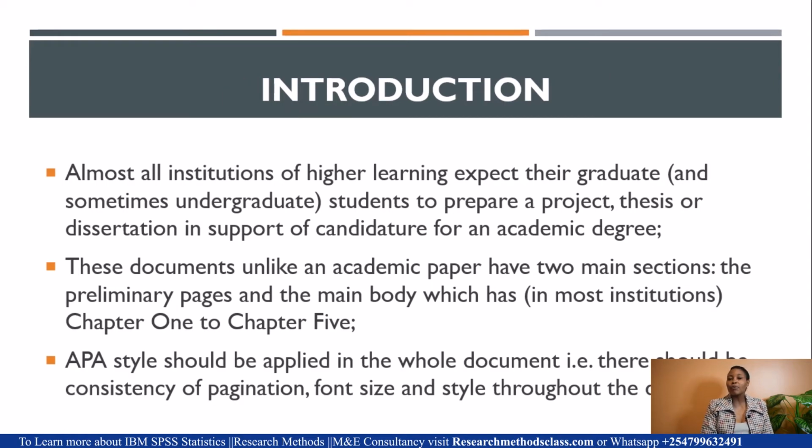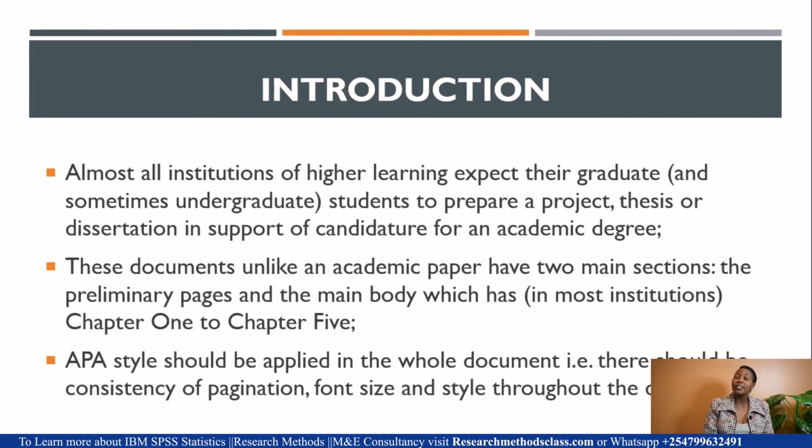So when we talk about a project, a thesis, or a dissertation, these are the documents that students, either at undergraduate or postgraduate level, will prepare before they are awarded the degree. And in most institutions, these documents have preliminary pages, and they also have the main body, which in most institutions has 5 chapters.